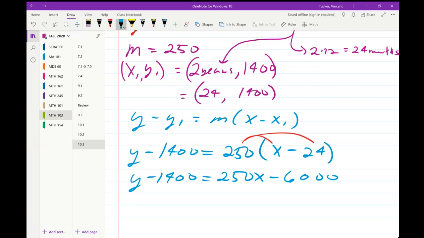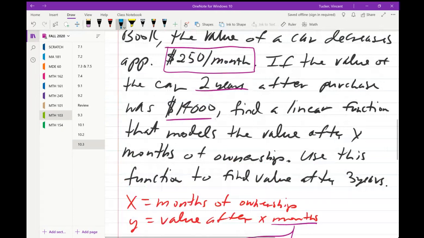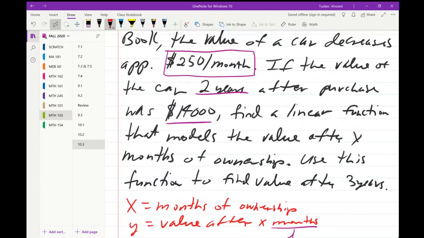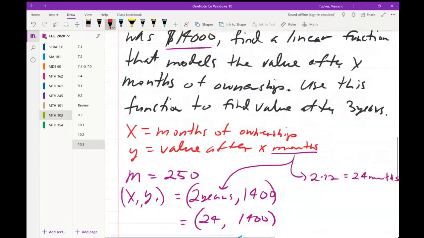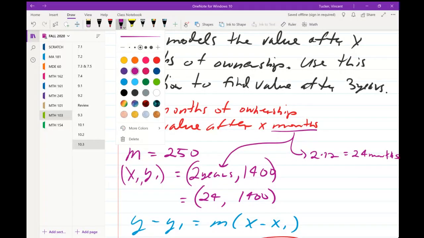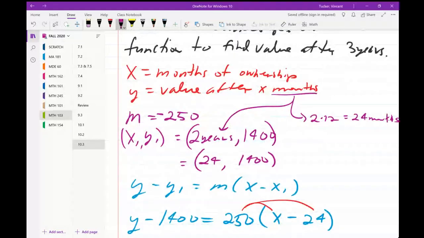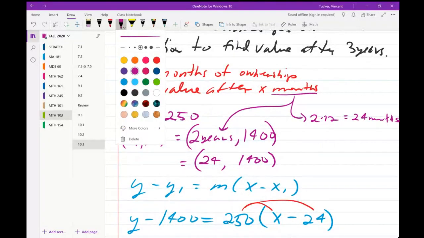Let's see. Ooh, I think I left off one thing. This right here. I forgot one thing. Don't forget the car decreases by $250 a month. So that means my slope should be negative. Sorry about that. So make sure we change that.